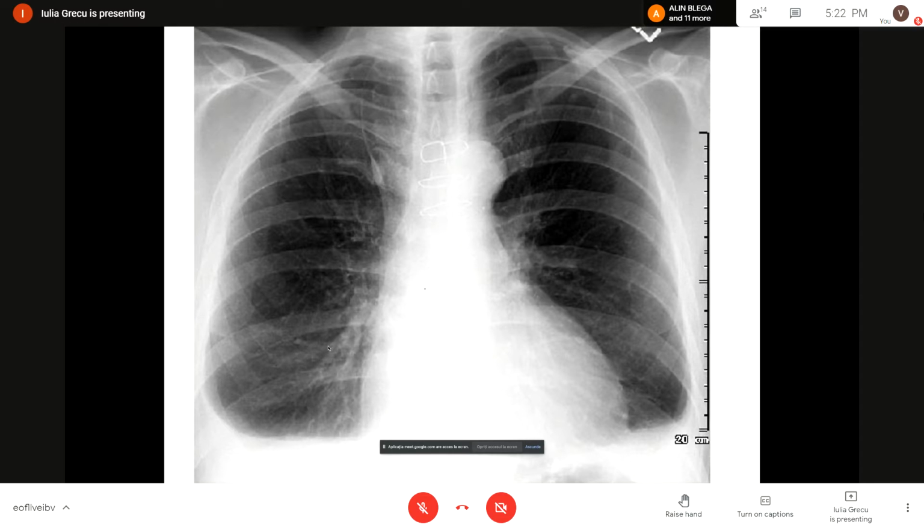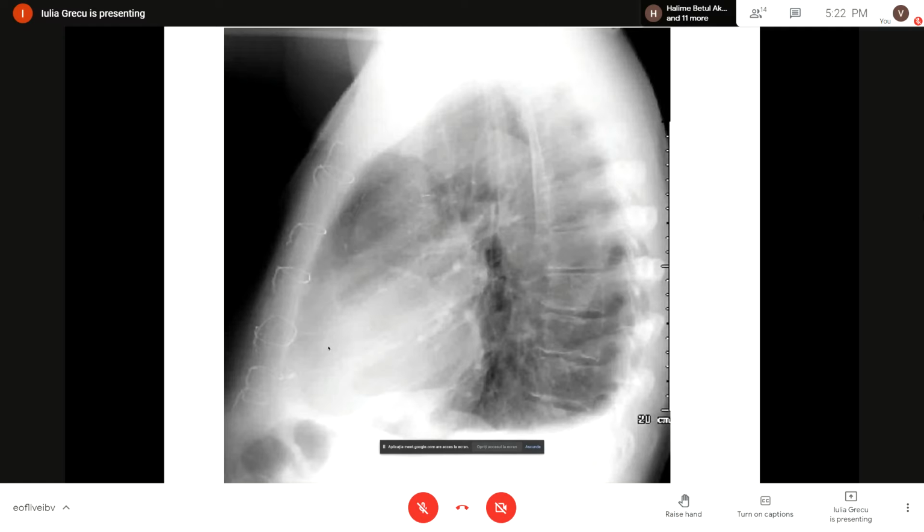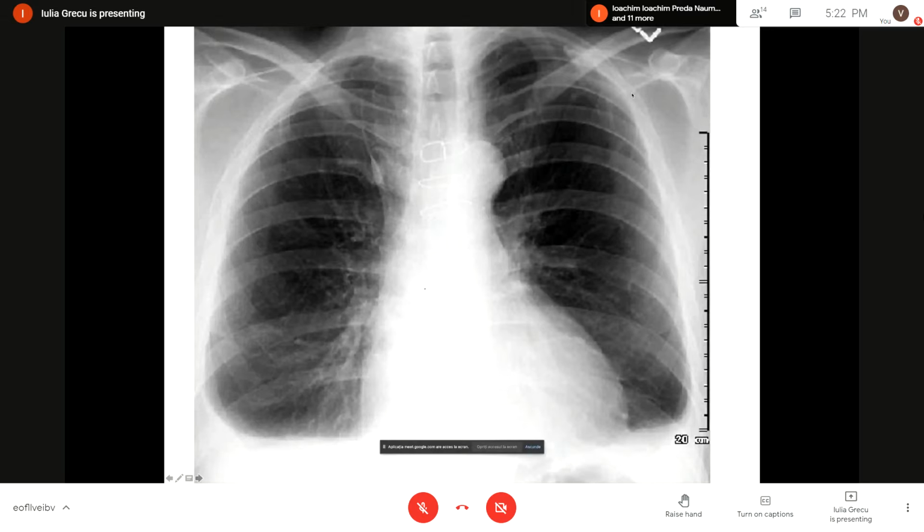Someone else? Is it congestive heart failure? Okay, most probably. What makes you say that? The enlarged cardiothoracic index of the heart? Correct. Something else. Clue. The cephalization of the veins in the upper lobes? Correct. There is a cephalization of the veins, so the vascular distribution tends to go also towards the upper parts of the lungs.